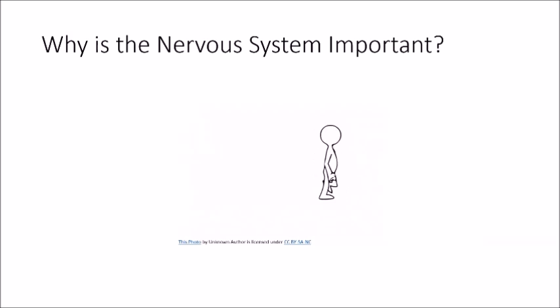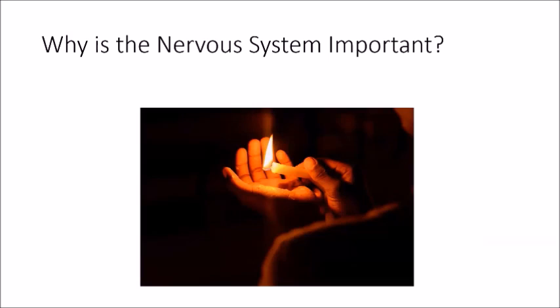So the nervous system controls internal and external activities of our body. The reason that is important is because the nervous system helps us respond to our outside environment as well as the internal environment. I'll explain more of what I mean as I go along in the lesson.